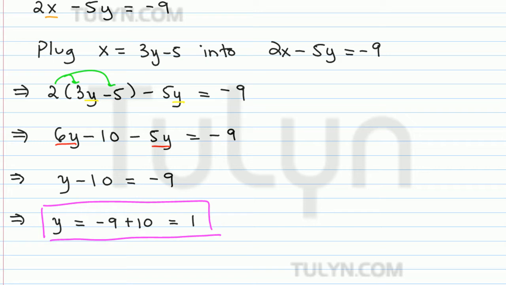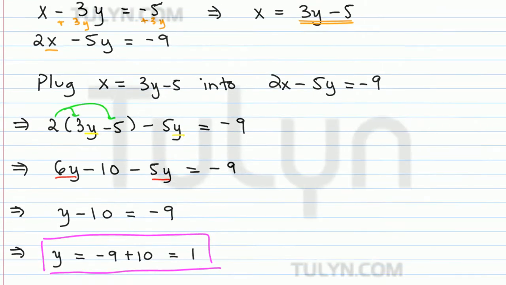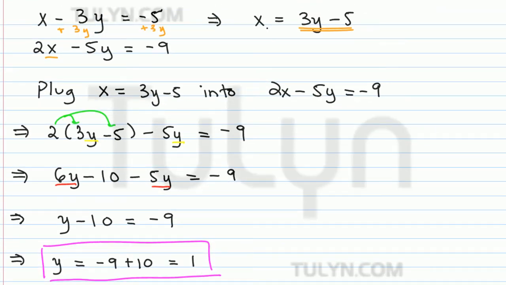And remember, since our linear equation is in 2 variables, we have to solve for 2 variables. So now that we found our y, we want to look for our x. So we want to plug y is equal to 1 into one of the equations so that we can solve for x. So I'm going to plug it into this first equation, which we fiddled with, x is equal to 3y minus 5.